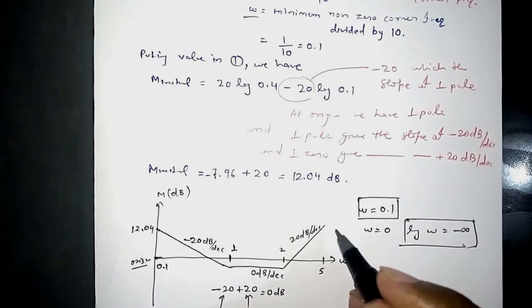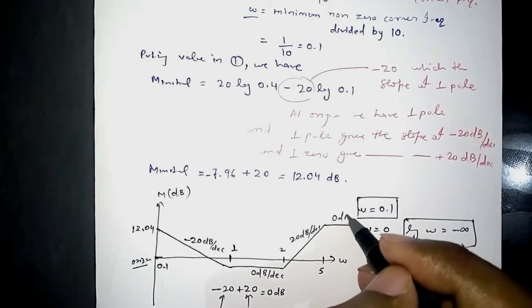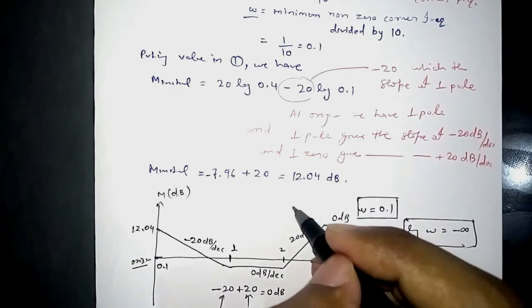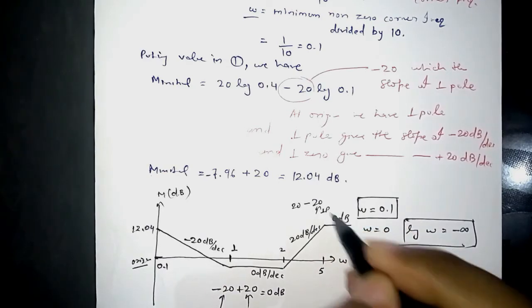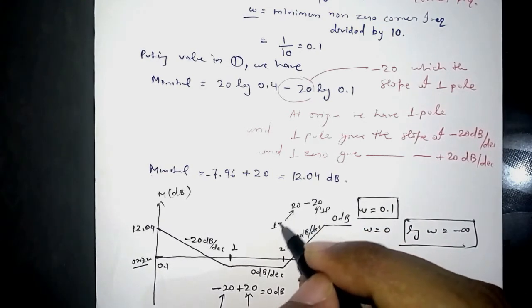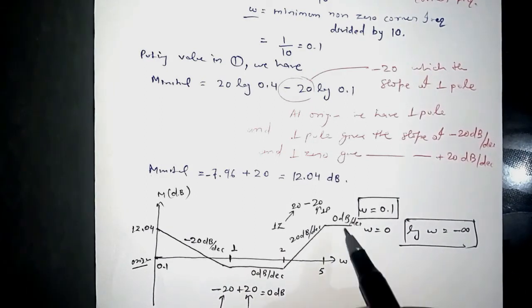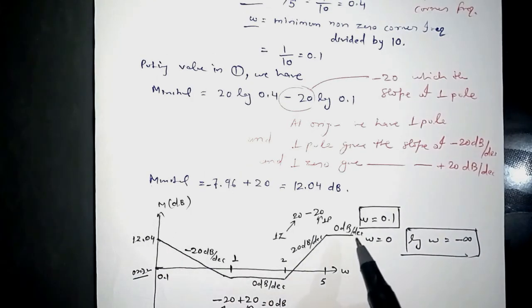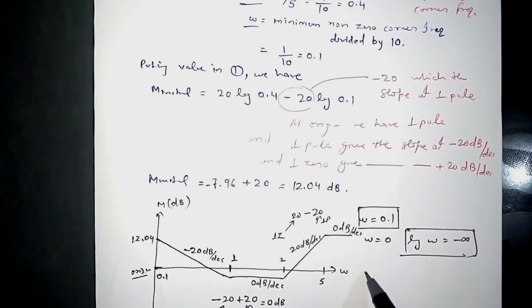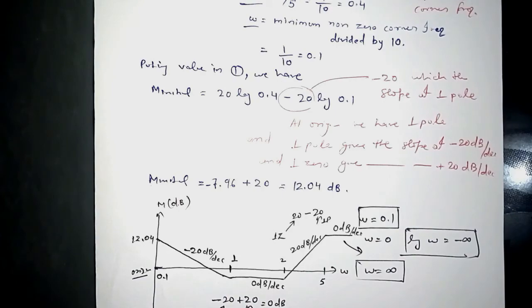So this pole will make it 0 dB again, because this is 20 dB and minus 20 dB because of one pole. So it is 0 dB per decade again, and the plot will continue as 0 dB per decade up to omega equal to infinity. So this is the Bode plot of this transfer function, guys.